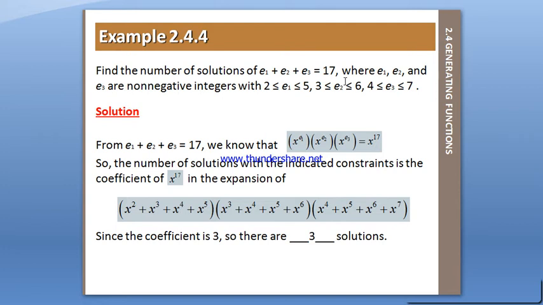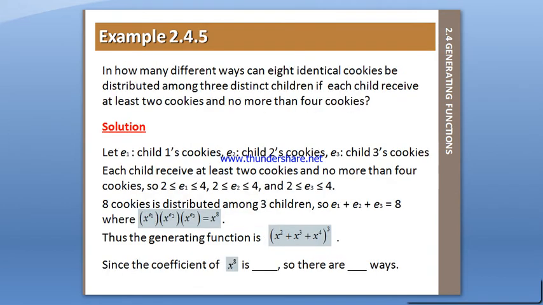Similarly, writing the generating functions corresponding to the constraints on e2 and e3, we have the other two parts here. When we multiply the three parts and collect the coefficient of x^17, we get the coefficient equal to 3. So we say that there are a total of 3 possible solutions for the given integral equation. This is how the counting problem for getting the number of solutions can be easily solved by generating functions.